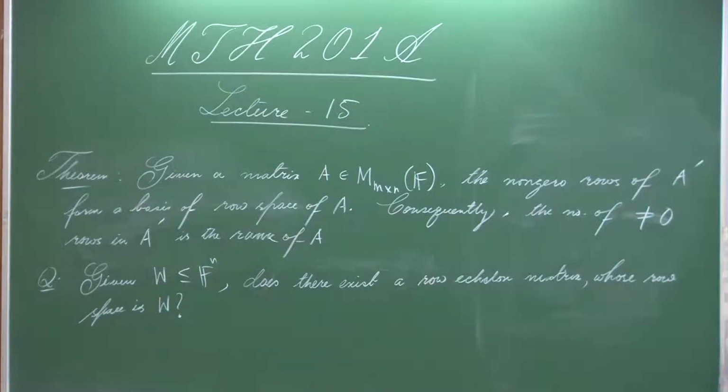If we recall this, then the answer to this question is also very easy. Since W is a subspace of Fn, and Fn is finite dimensional, W is finite dimensional.